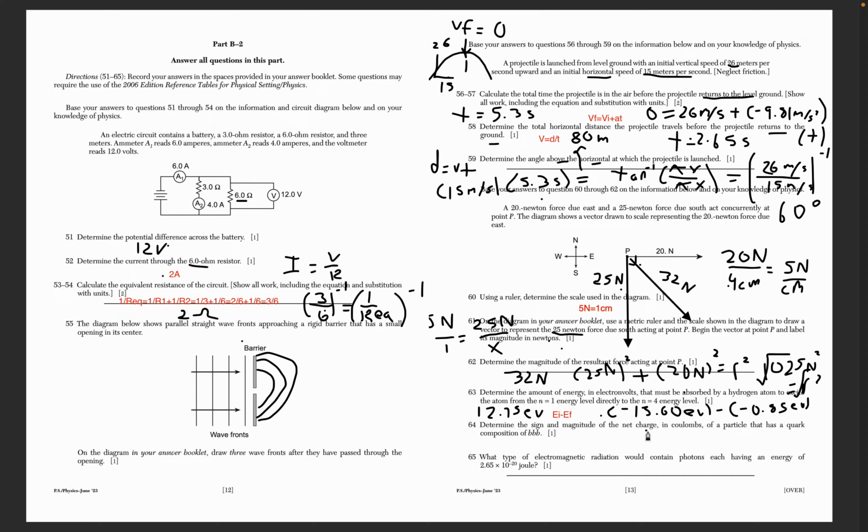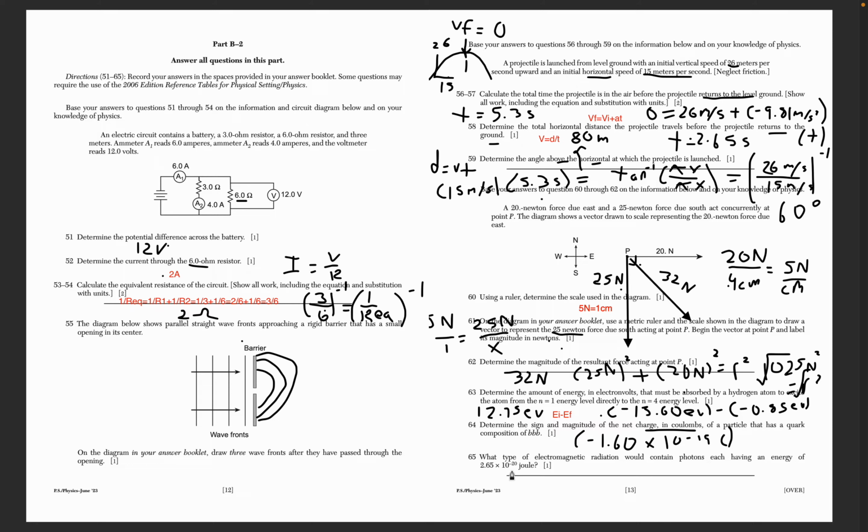But it's asking for coulombs. That's elementary charge. So negative 1 elementary charge is the same thing as negative 1.60 times 10 to the negative 19 coulombs. That's your answer.